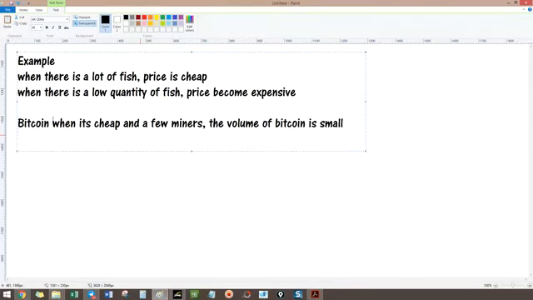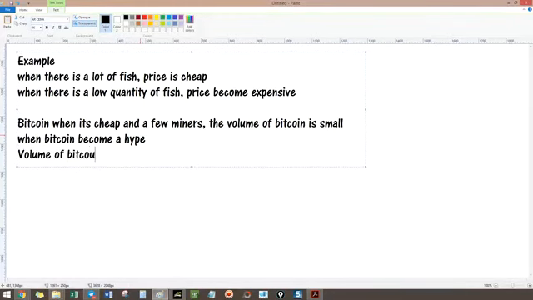When Bitcoin becomes high, the volume of Bitcoin increases.